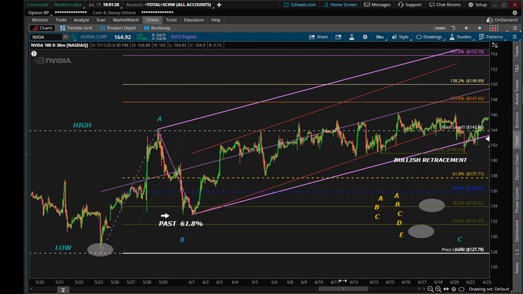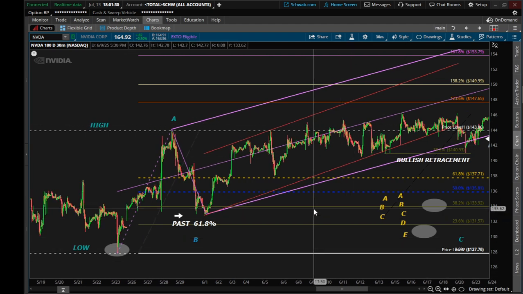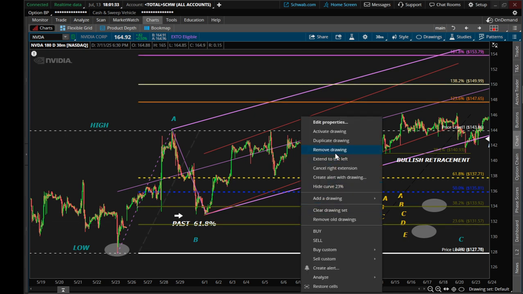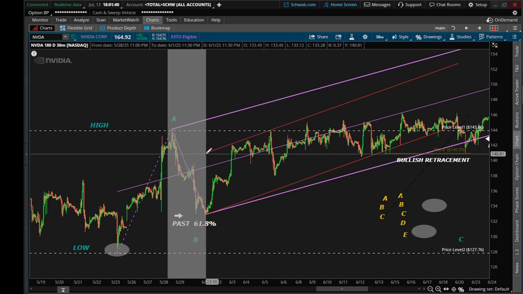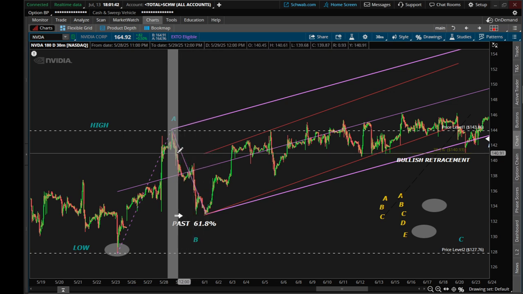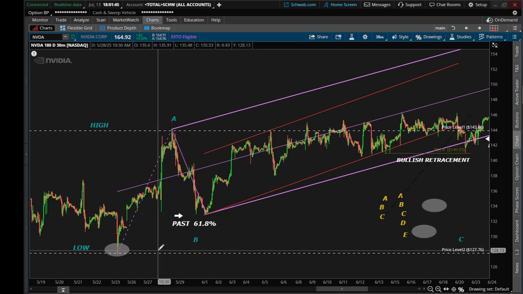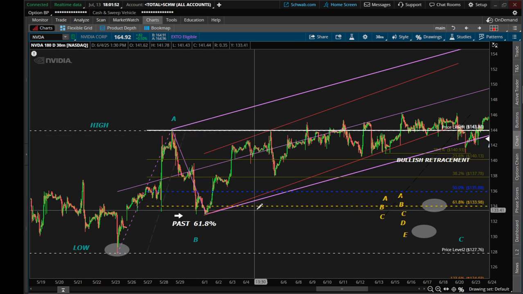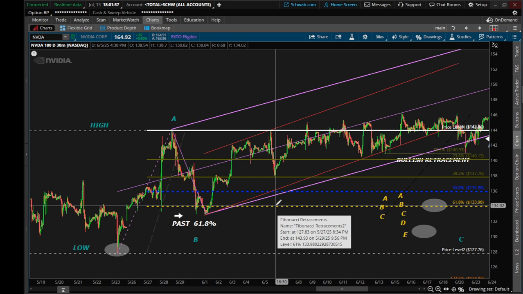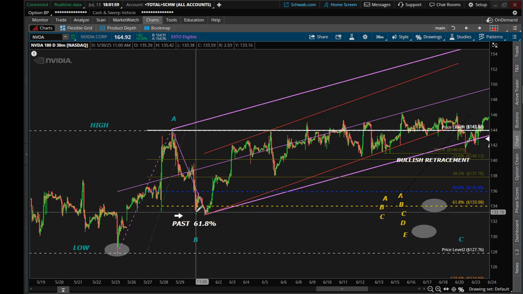Now, one thing I've done is measure this pullback here. And I've labeled that it went past the 61.8, so I'll show you here with our extension or retracement tool. I have this yellow dot here at 61.8, and if it was just a wick or so and it wasn't that far off, I wouldn't have counted it.